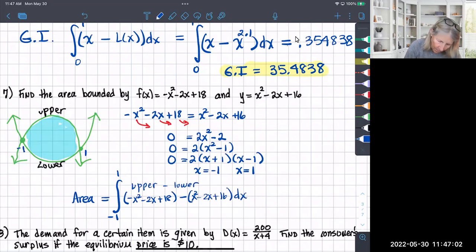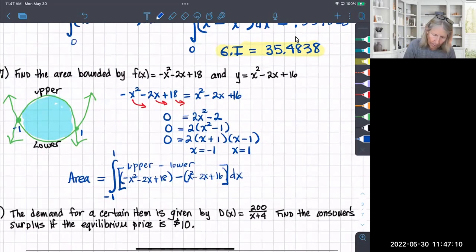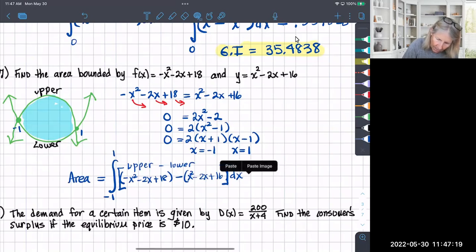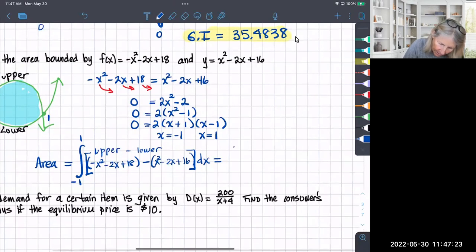You could type that all in your calculator right now and get your answer. Or you could clean it up a little bit. I kind of like to clean that up, and then I can write a nicer looking integral here. Let's combine my like terms here. It'll be easier to put in my calculator if I do that.